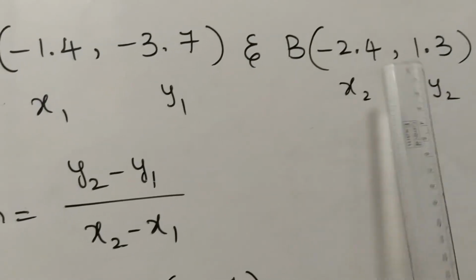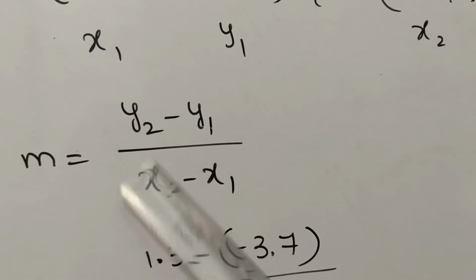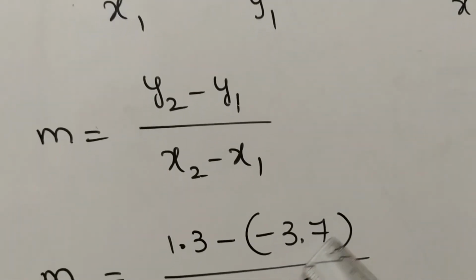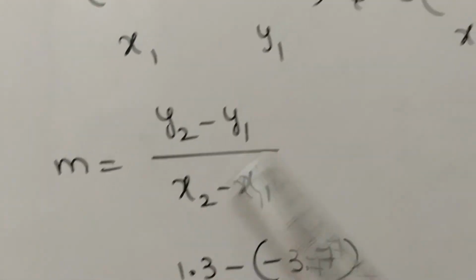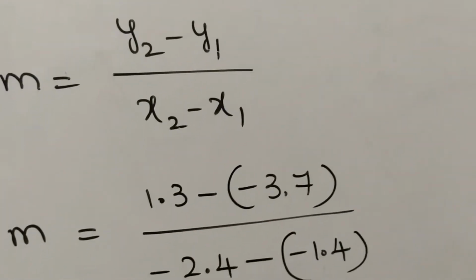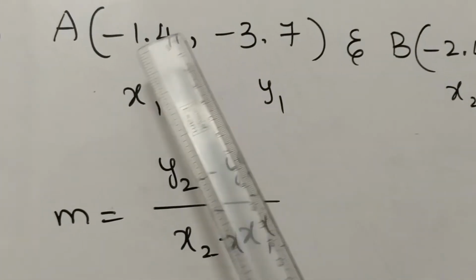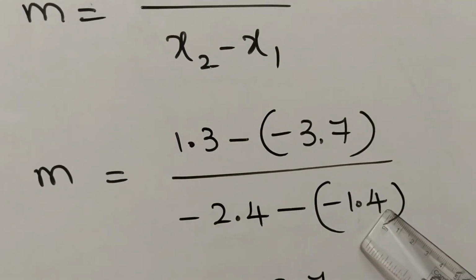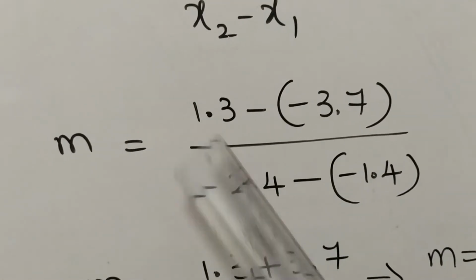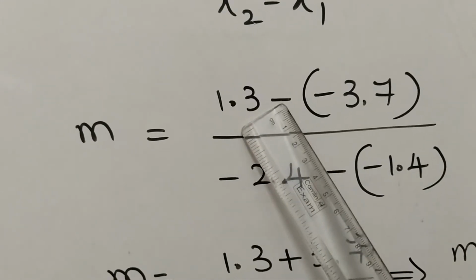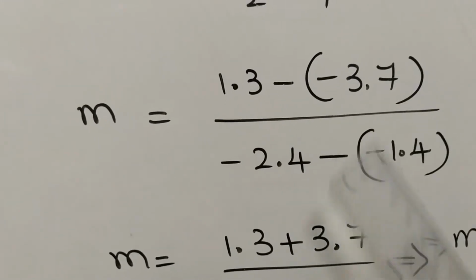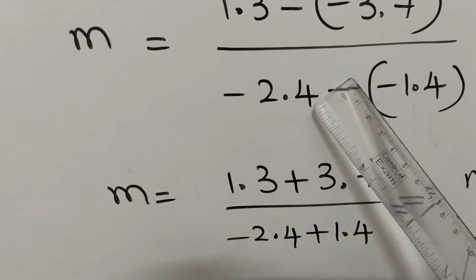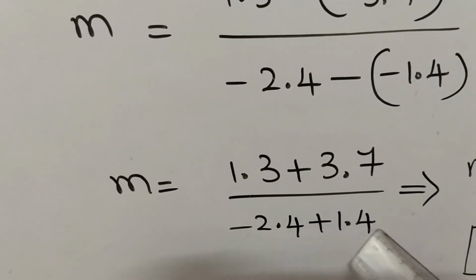Here the y2 value is 1.3, so take 1.3. In the middle minus is there, keep minus, and y1 is minus 3.7, divided by the x2 value, minus 2.4, minus the x1 value, minus 1.4. So substitute minus 1.4 here. Now see, this is 1.3, and minus into minus is plus 3.7, divided by minus 2.4 as it is, and here also minus into minus is plus 1.4.